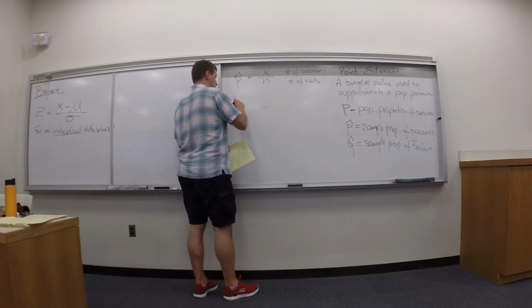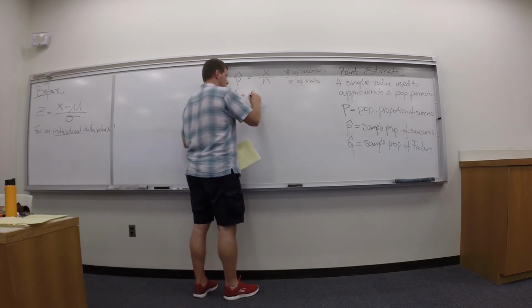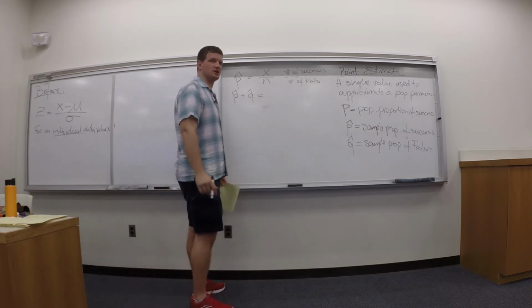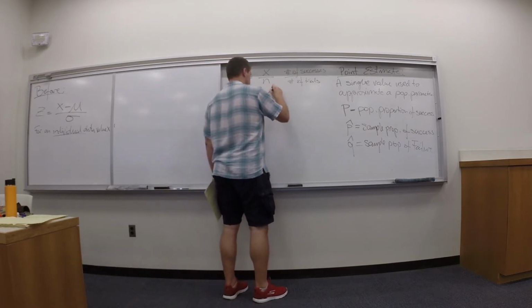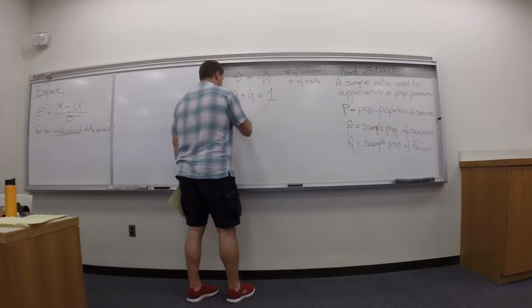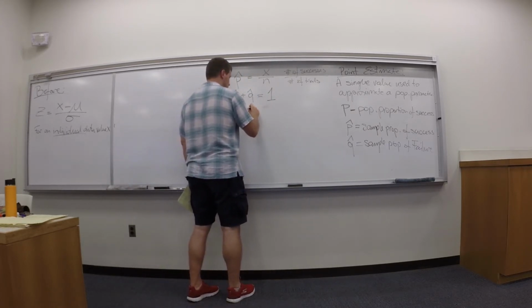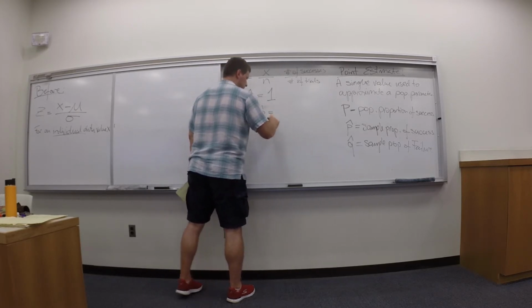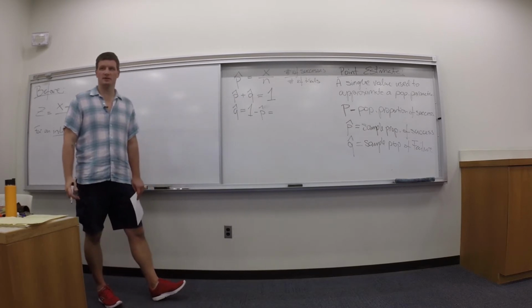Okay, next question. P hat plus Q hat. How much does it equal? 1, because it's either a success or a failure. But that also leads us to Q hat equals 1 minus P hat. Right? So what's P hat?